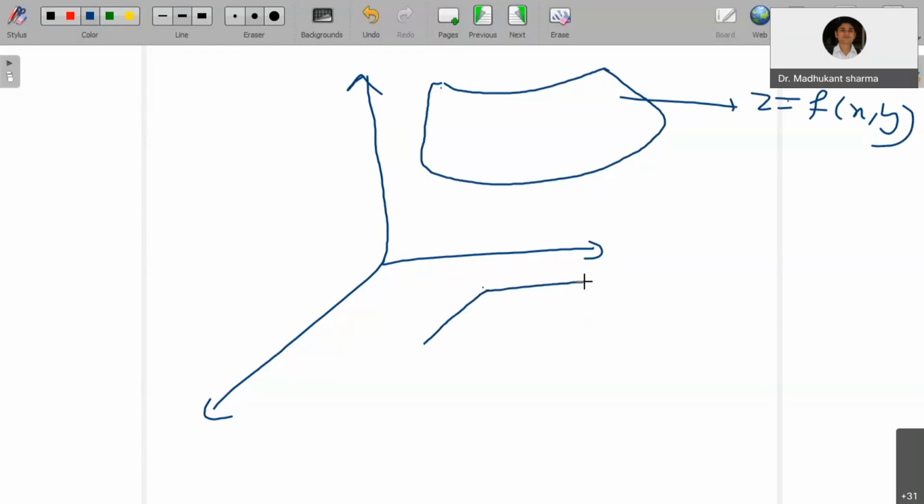So let me draw a rectangle. This is there. Okay, let me draw a big one.